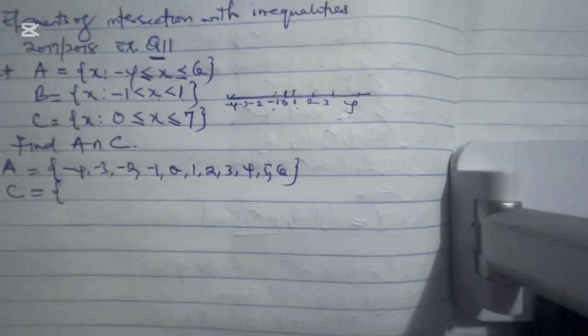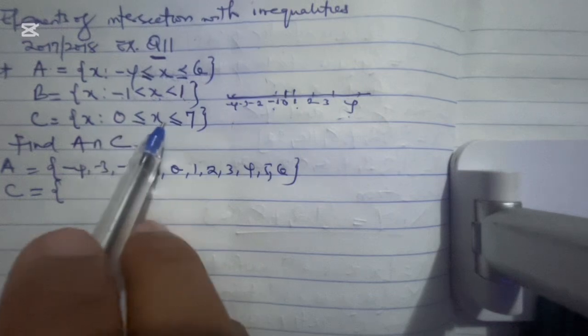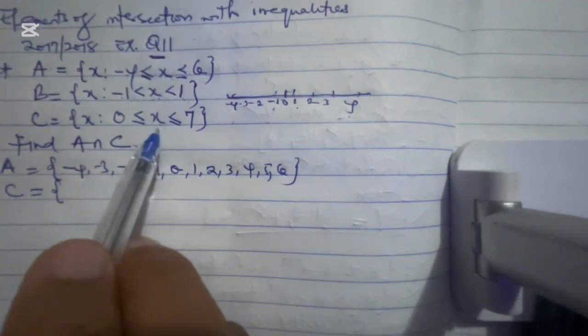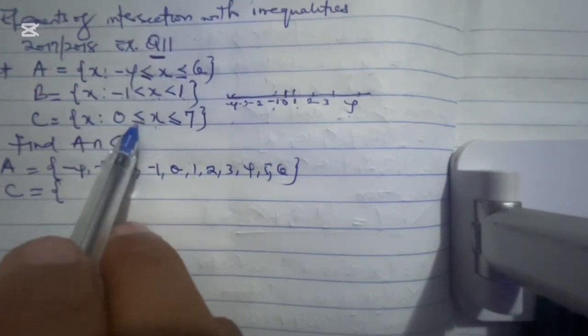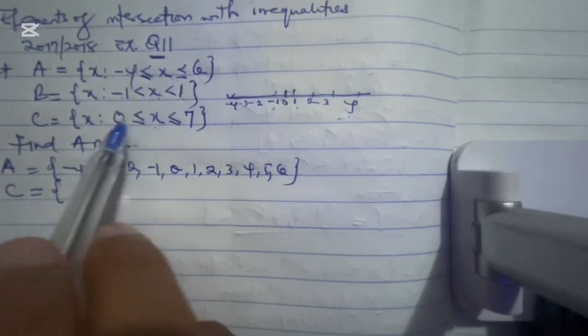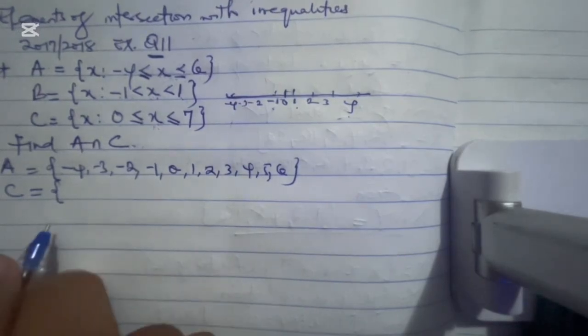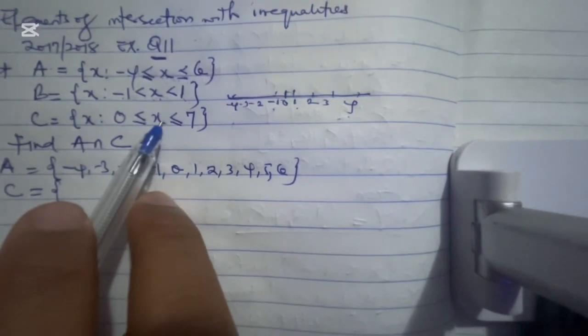Let's state set C. For set C, they say 0 is less than or equal to x. It means that x, like I said, use x as the subject, will be greater than or equal to 0. For instance, if 0 is less than 1, we all know that 0 is less than 1, it means that 1 is greater than 0. So use x as the subject.